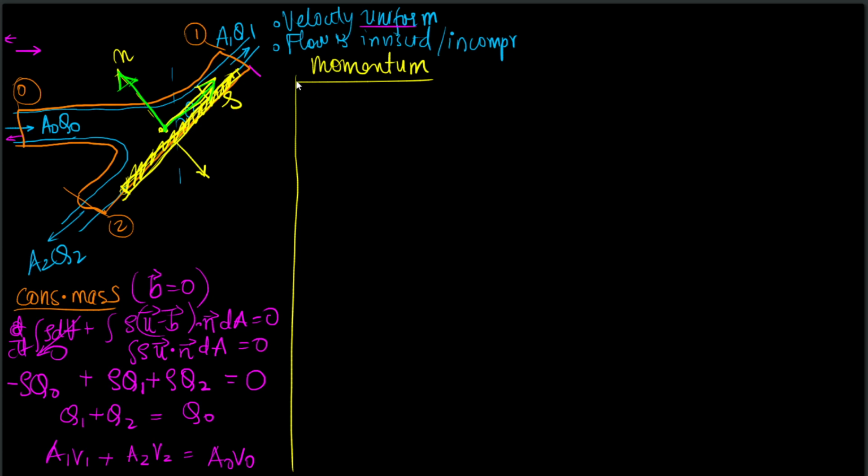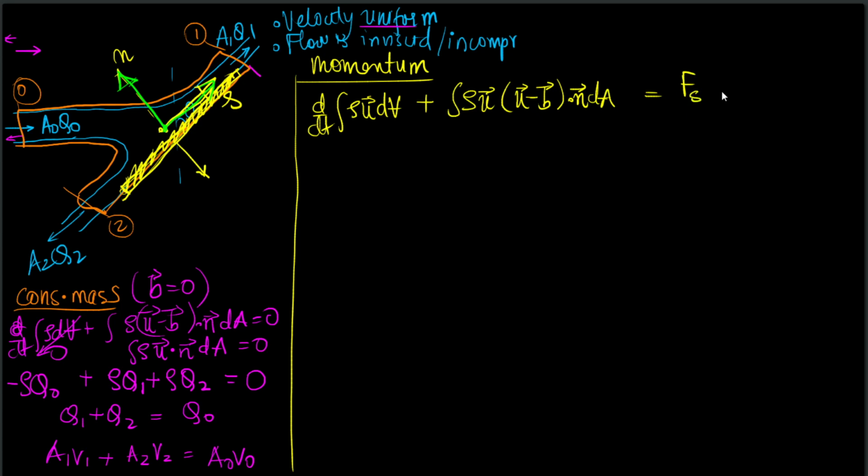So let us write it down in terms of the vector equation. Okay. So d/dt of integral rho u dV plus integral rho u (u minus u_b) dot n dA is equal to the forces. So let us decompose the force as force acting along s direction and force acting along the n direction.